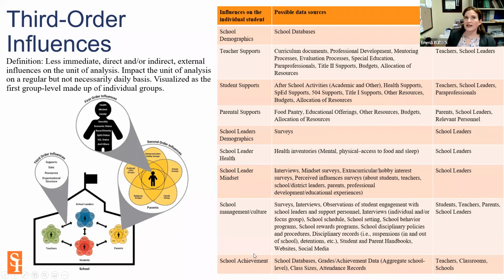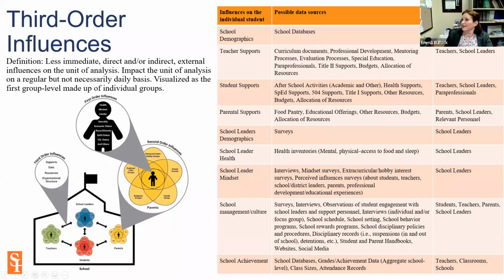The idea here is I'm trying to leave myself open to exploring influences that maybe I'm unconsciously not sure about, I just don't know are important or not. And then we get some possible data sources, and sampling populations at that third order.